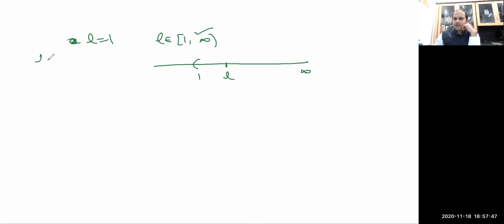Now if L is greater than 1, then again whatever neighborhood we consider, L minus epsilon, L plus epsilon, it is going to intersect the given set A. There lie infinite members from this set A, the open interval 1 to infinity. So this is the reason why any real number L greater than or equal to 1, including 1, is going to be its limit point.